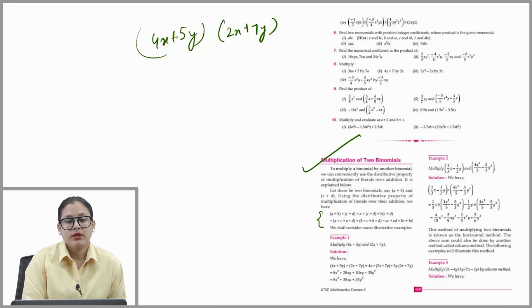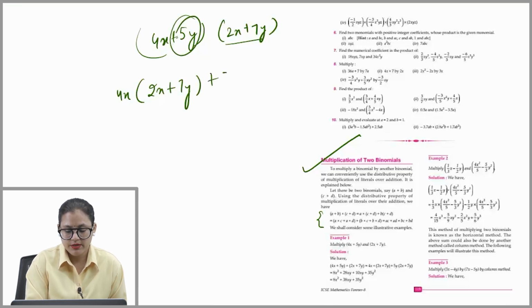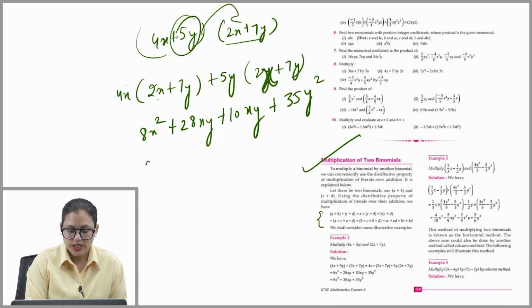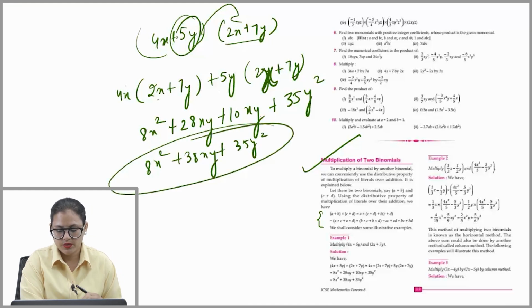First, you will multiply 4x by 2x plus 7y, plus 5y by 2x plus 7y. 4 into 2 is 8, 1 plus 1, x square. 4 into 7 is 28xy, plus 5 2s are 10xy, plus 5 into 7 is 35y square. So 8x square, these are like terms so we will add them up, 38xy plus 35y square.